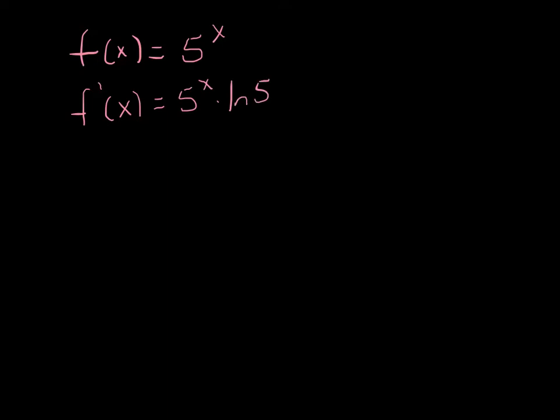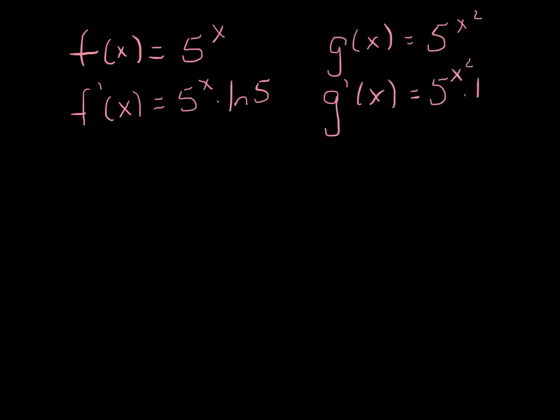And you may also remember that the derivative of a function like 5 to the x is 5 to the x times the ln of 5. Or if it was something like 5 to the x squared, the derivative would be 5 to the x squared times the ln of 5 times 2x.